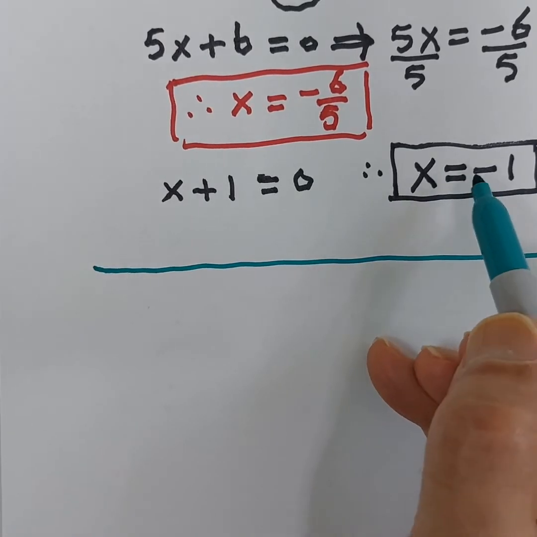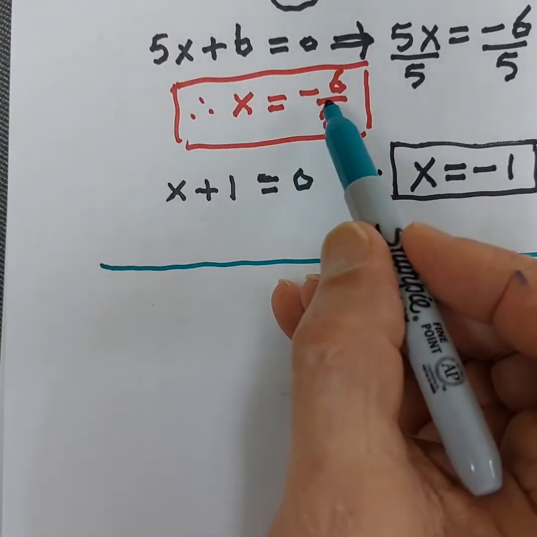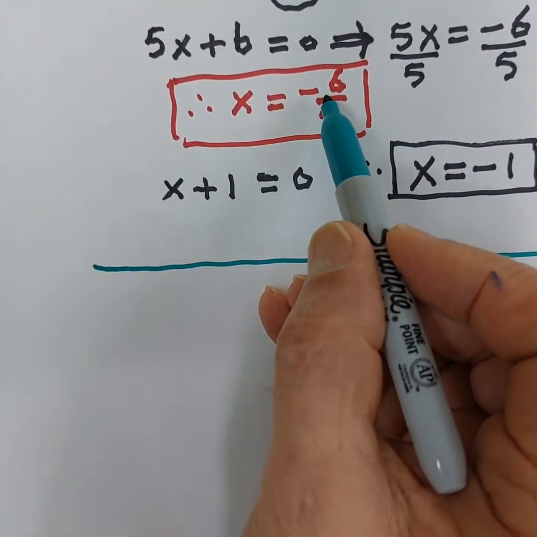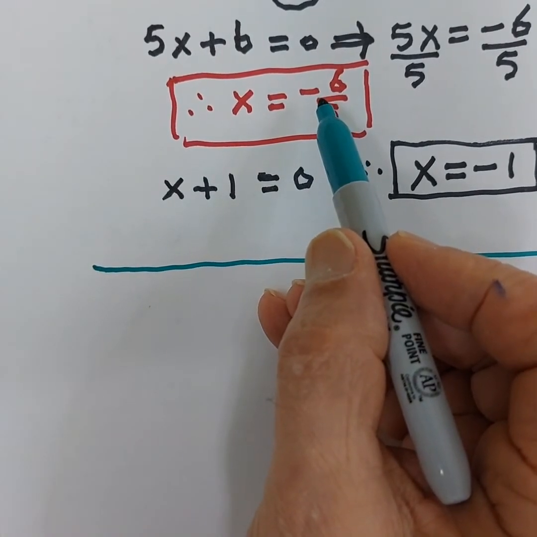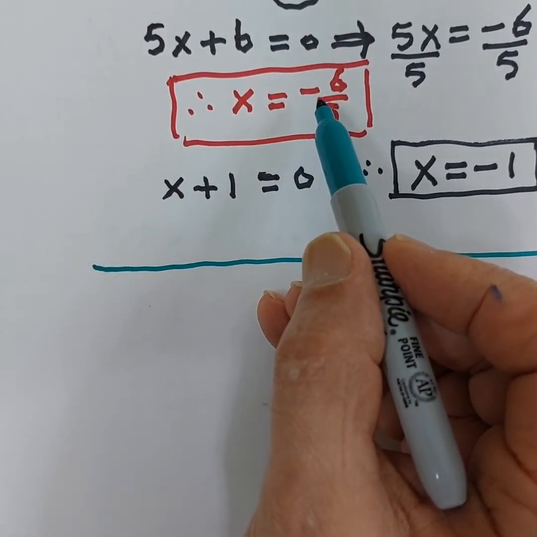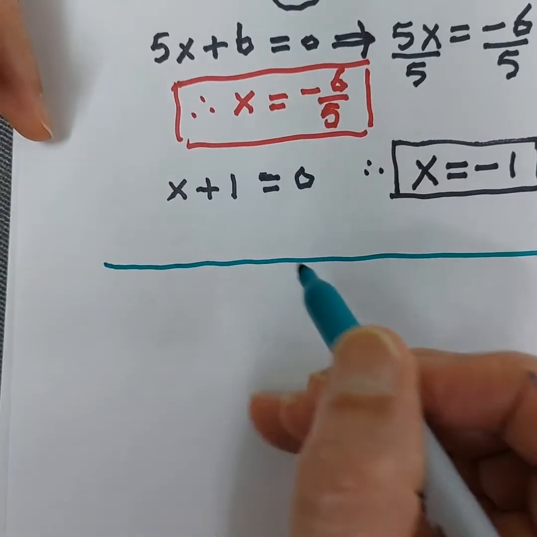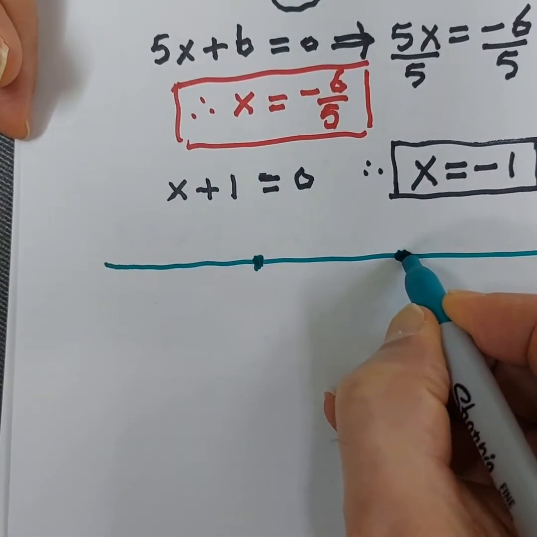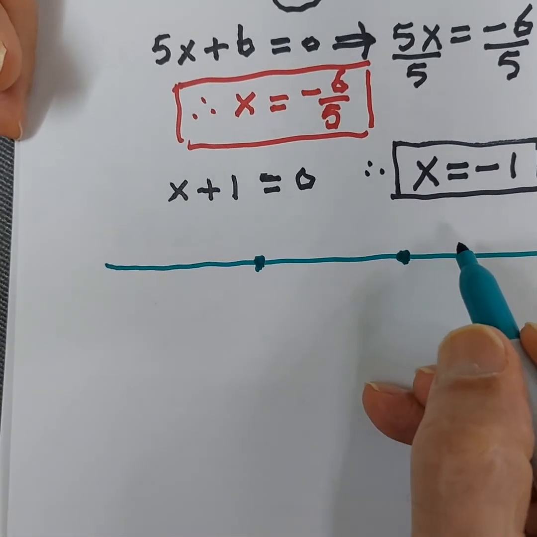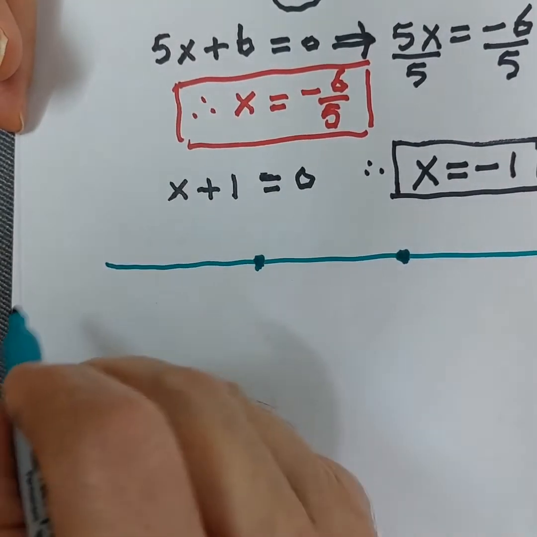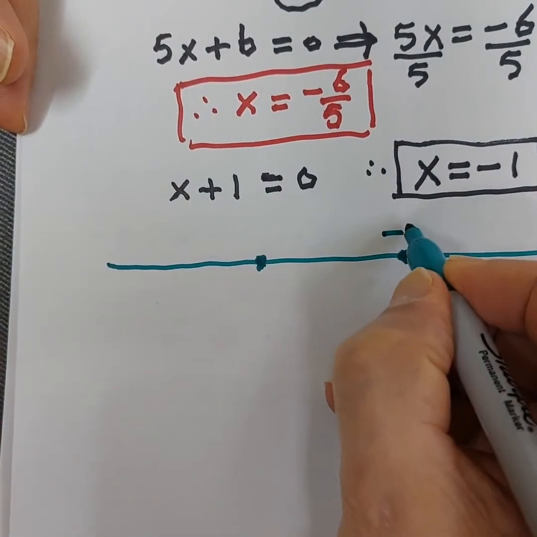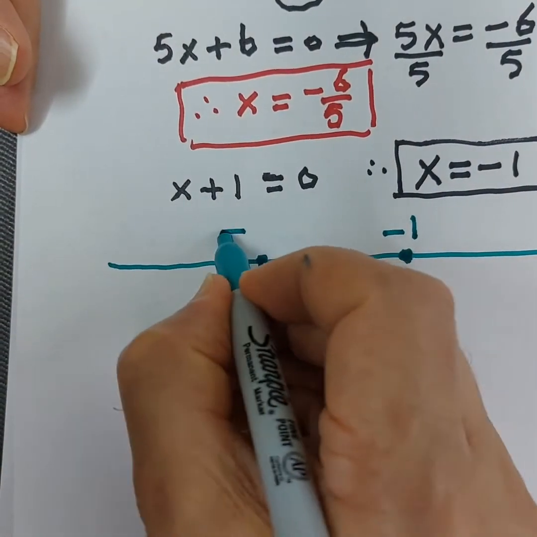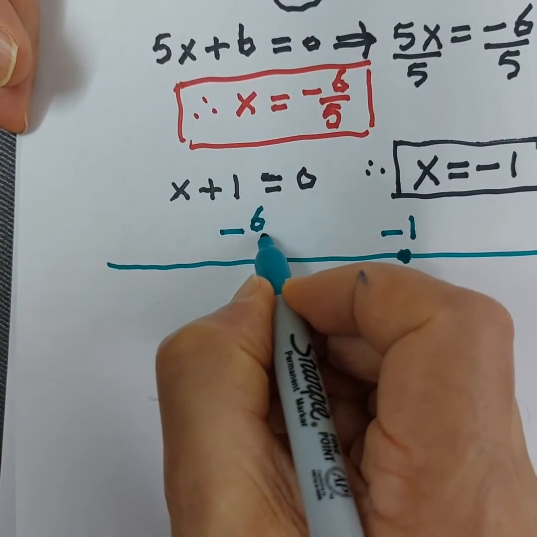You see here negative 1 and here negative 6 over 5. 6 over 5 means 1 and 1/5, all in negative. When you get the two numbers, try to pay attention to the order. So negative 1 is here and negative 6 over 5 is here.